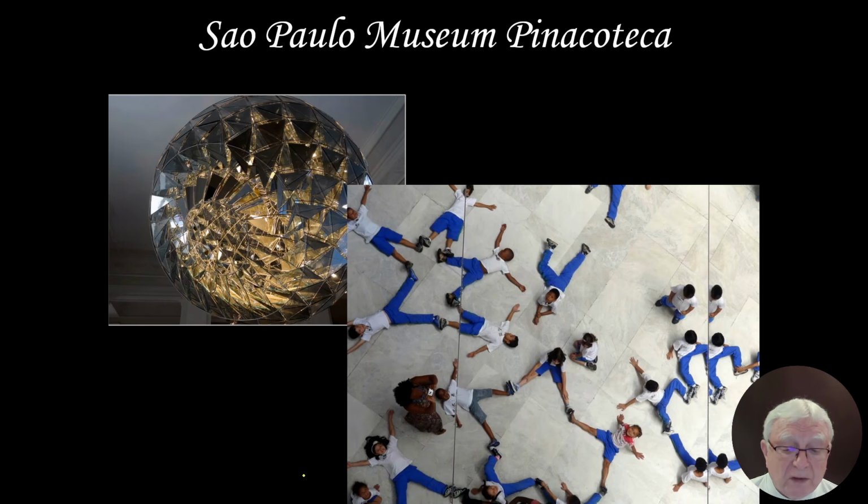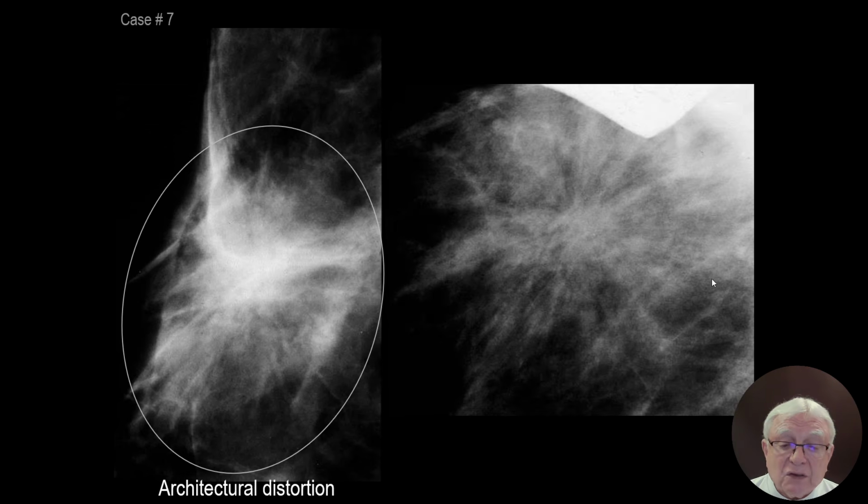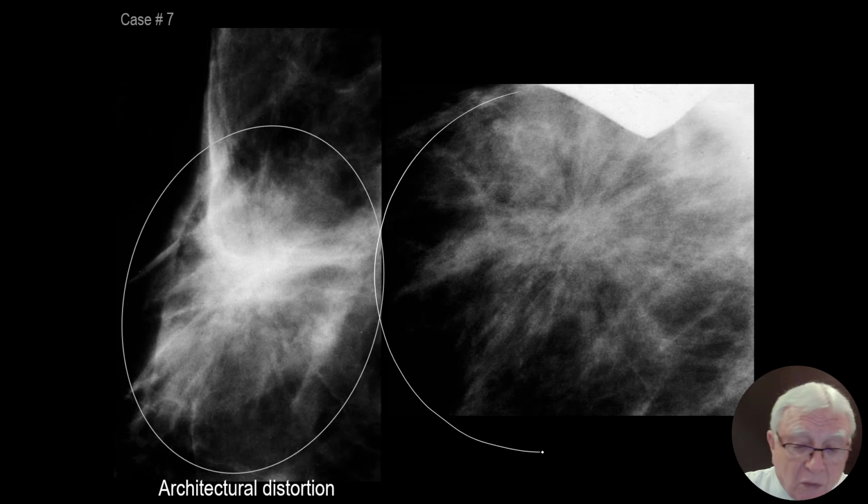Radiating structure, like when the teacher told the kids to lay down on the marble floor in the museum. Very definite architectural distortion. I'm not speculating. Palpate it, couldn't palpate anything. Suddenly it's black. It's not only that what I'm looking for. I'm just telling like a broken record.